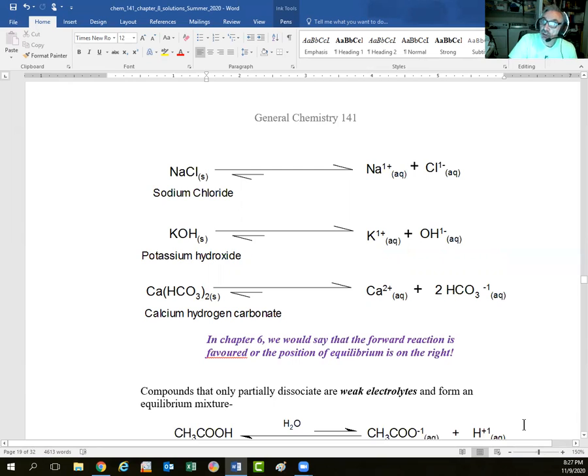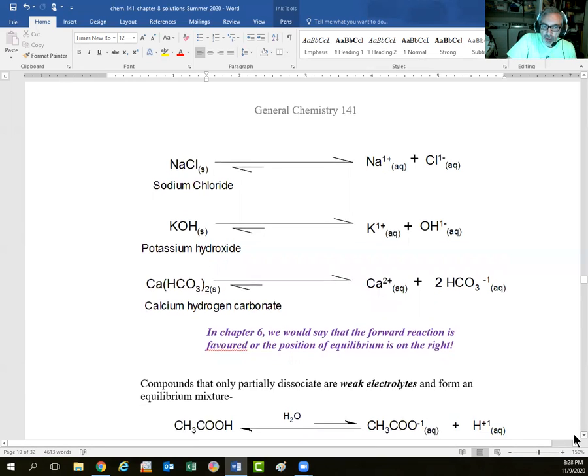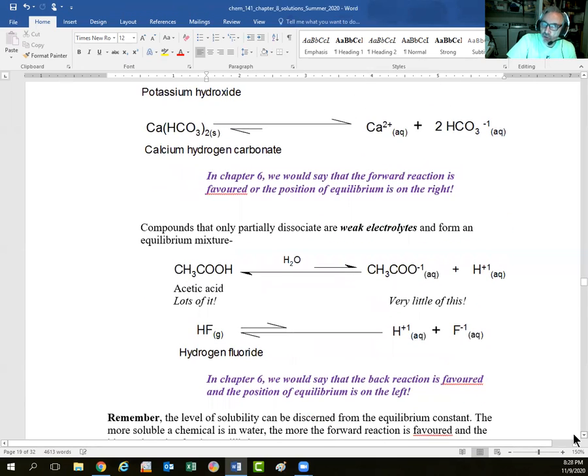Again, we could look at an equilibrium constant, a strong value for the equilibrium constant, to tell that it's strongly dissociating and a strong electrolyte.